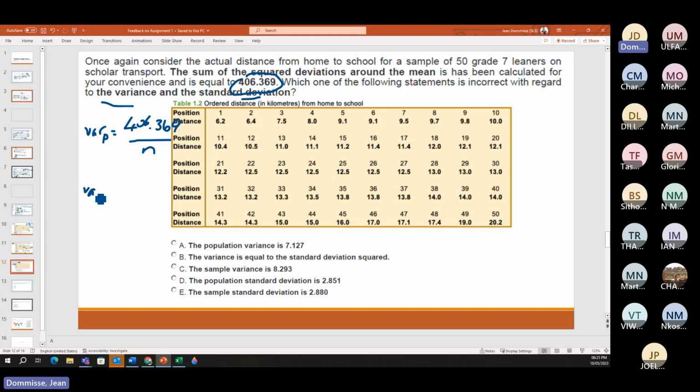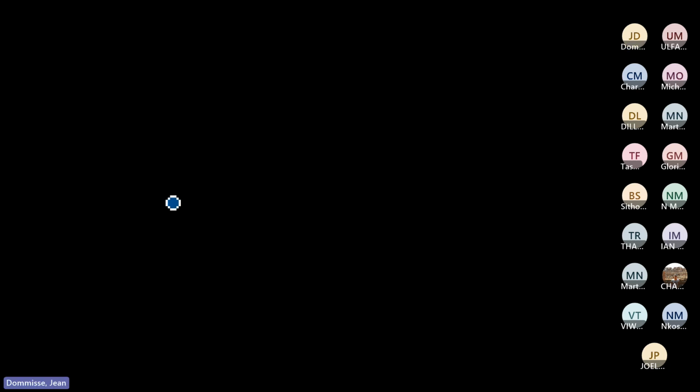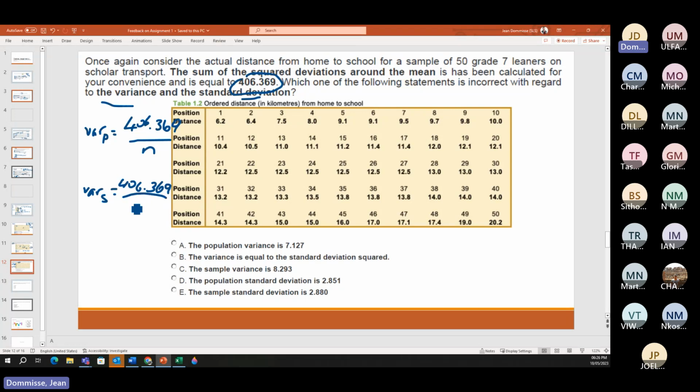And if it is a sample, you take that same value, the 406.369, and you divide it by n minus 1. Okay, so that's the difference between if it's a population or a sample.